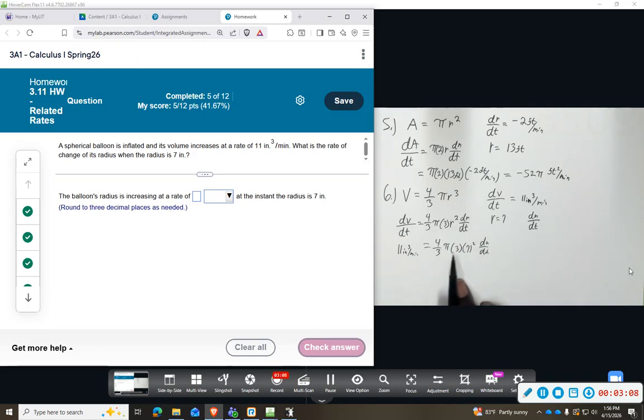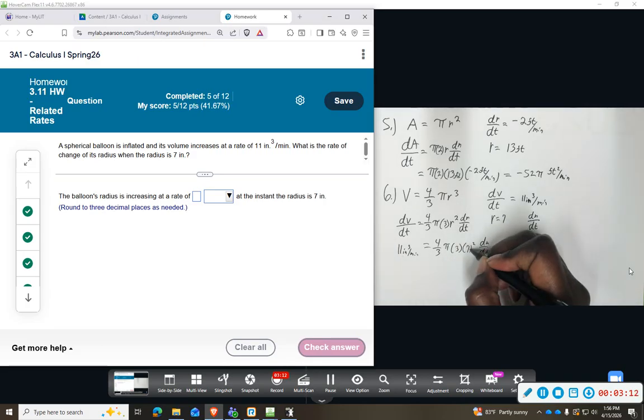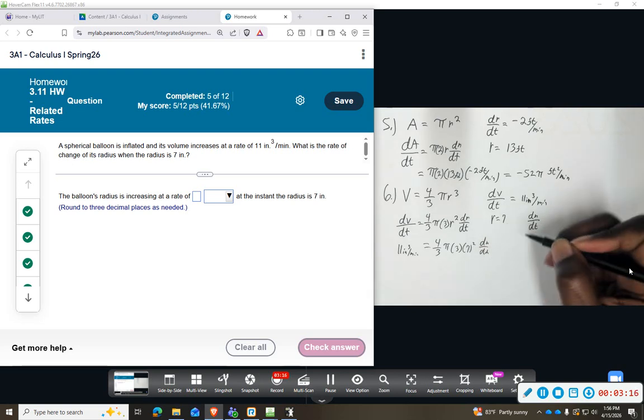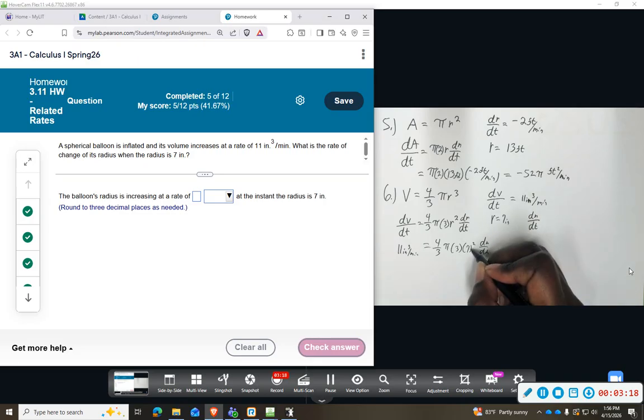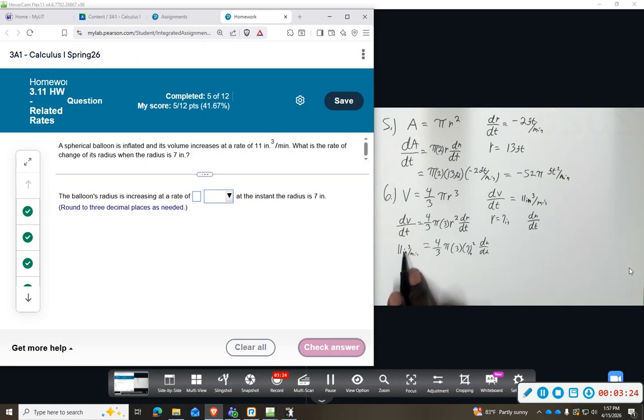We're going to divide 11 by all of this. Now, the radius is in inches, so inches squared. When I square the inches and divide by inches squared, we'll end up with just inches per minute. One dimension, for radius, is what we want.